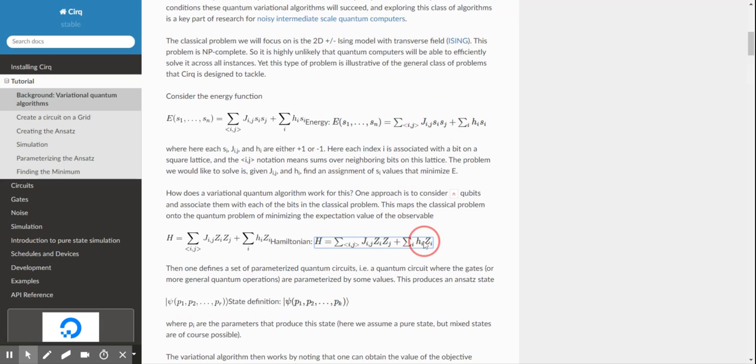Because here I see this. Wait a second. So how did they do this? Because here you see a Z, and that's basically related to the H, right? So that's a transverse field.